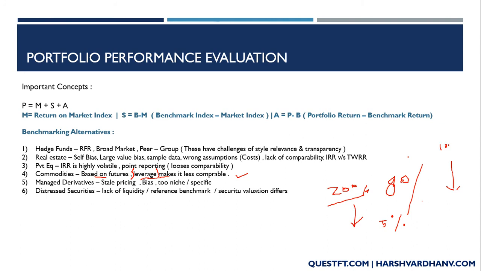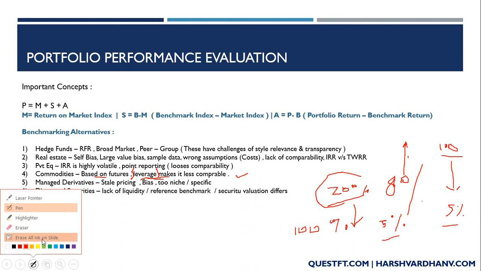Over there also you earn 5%, but these 5% are not comparable because over here 100% is your money, over here 20% is your money because it's leveraged, 80% is provided by the broker or the arranger, and the returns are the same. So in this sense, only 20% of your capital got you 5% returns. So returns are magnified. Over here, 100% of your own equity gives you 5%. So not comparable in that way.